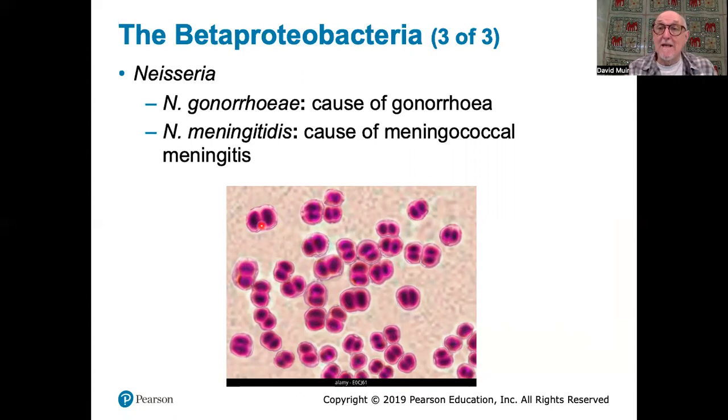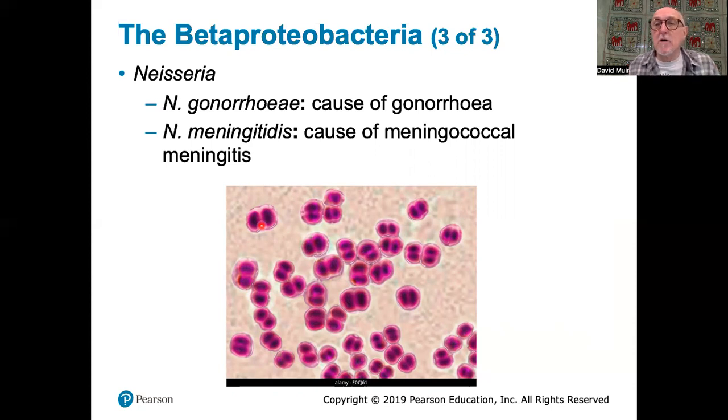There are a number of species, but there are two of particular importance in healthcare. And these are Neisseria gonorrhoeae, which is the causative agent of the disease gonorrhea, and Neisseria meningitidis, which causes an extremely dangerous meningitis, infection of the coverings of the brain, and then ultimately an encephalitis, inflammation of the brain itself, which is extremely dangerous.